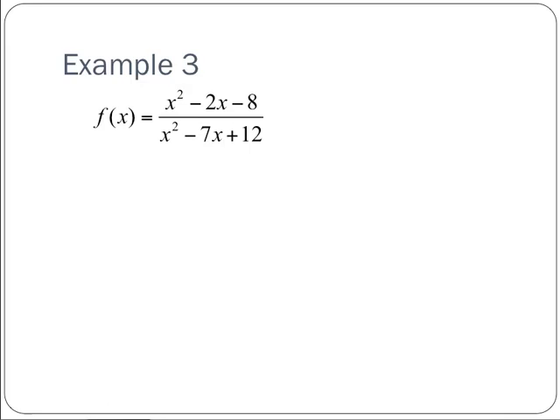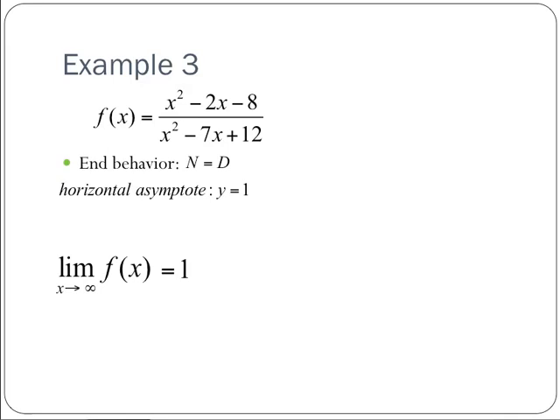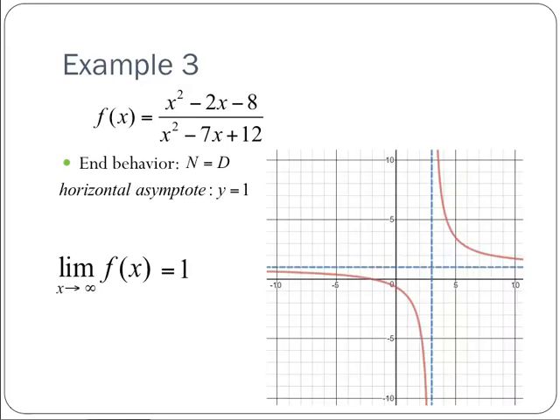So our horizontal asymptote here is y equals 1. So the limit of the function as x approaches infinity is equal to 1. In other words, as x gets larger and larger, the y value gets closer and closer to 1, and you can see that in this graph here.